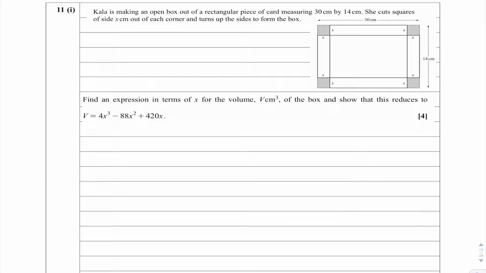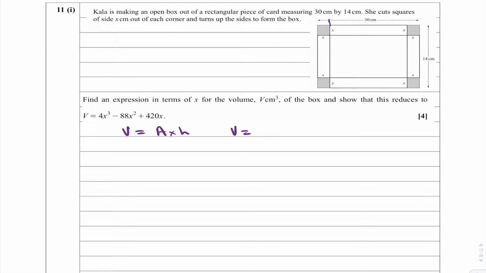Now, the volume is area times height. And so we need to find the area. So we got V equals, this distance here will be 30 minus 2x.